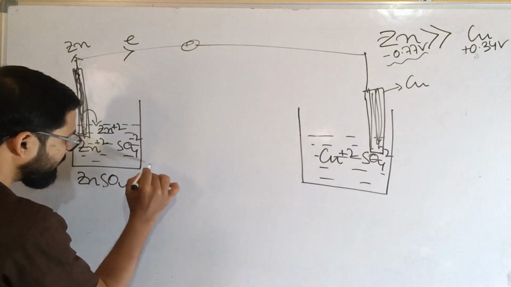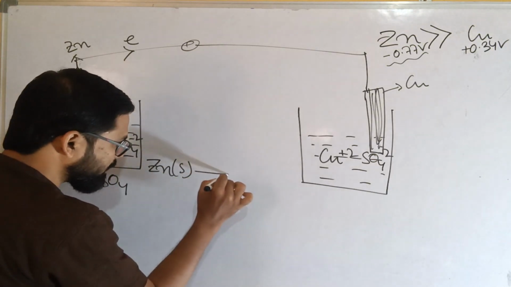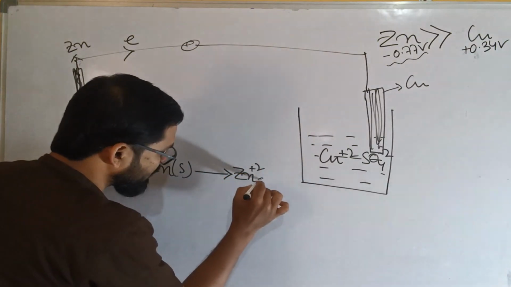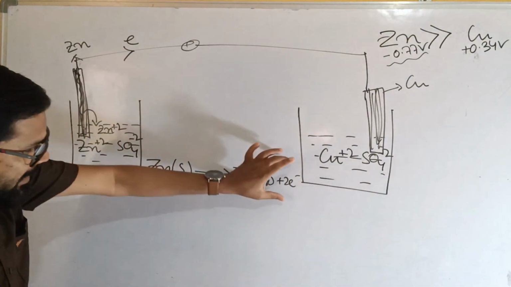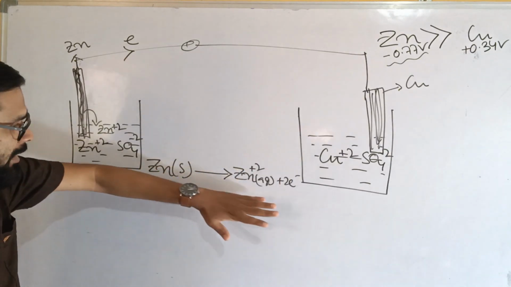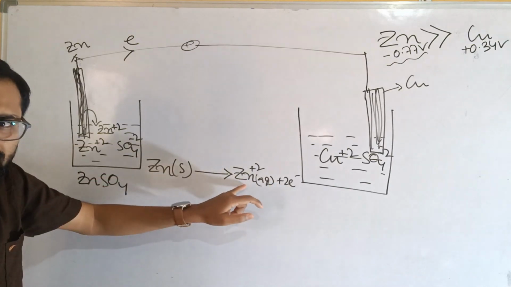Here solid Zn releases 2 electrons and becomes aqueous. Each and every zinc atom releases 2 electrons and gets oxidized.